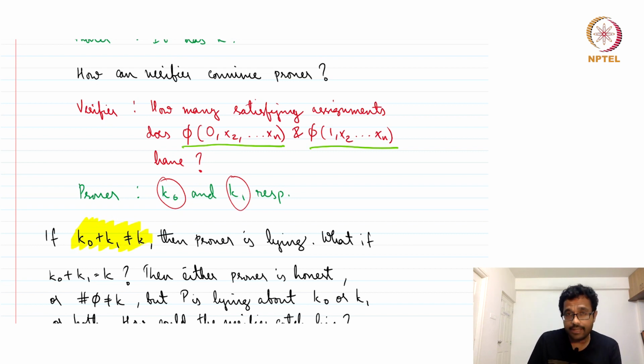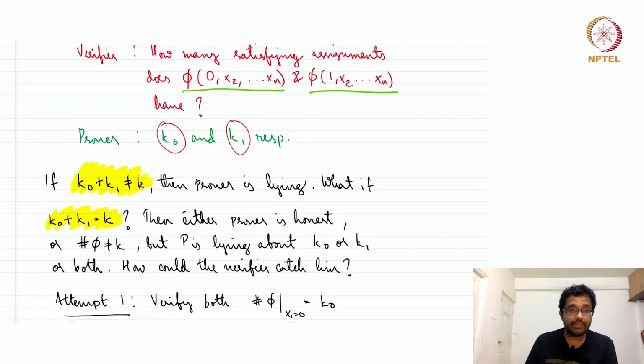But suppose k is equal to k0 plus k1. So now what next? It is possible that if k is indeed the actual number of satisfying assignments, and k0 is the actual number where x1 is set to 0 and k1 is the actual number where x1 is set to 1, then everything is being done truthfully, so it's all fine.